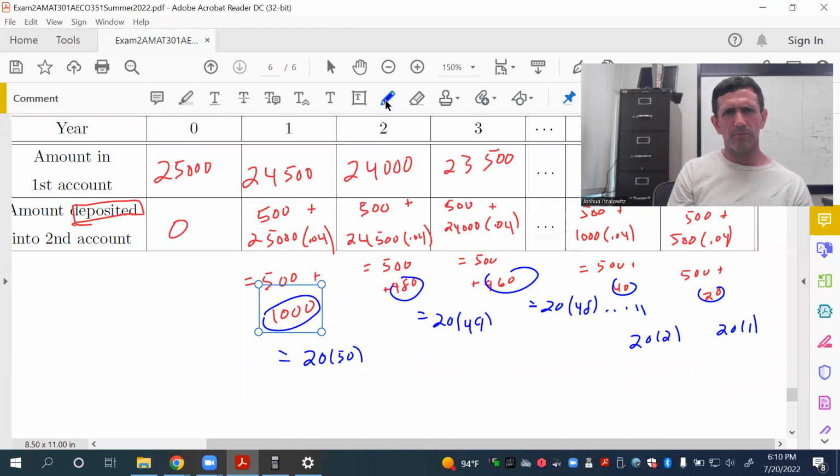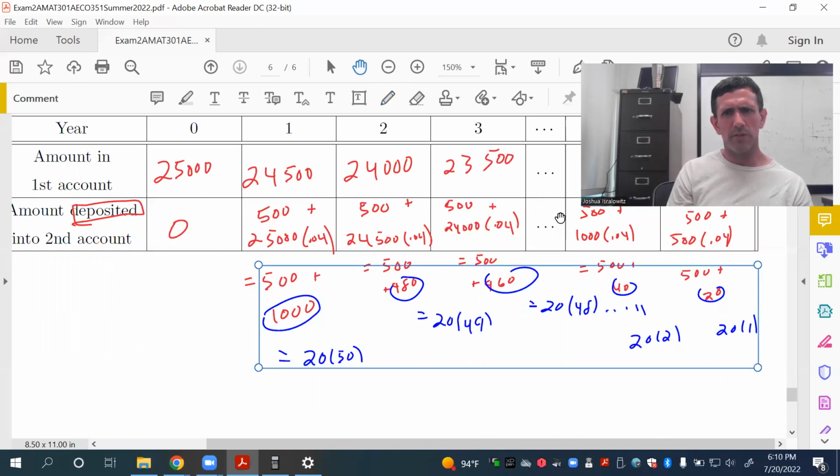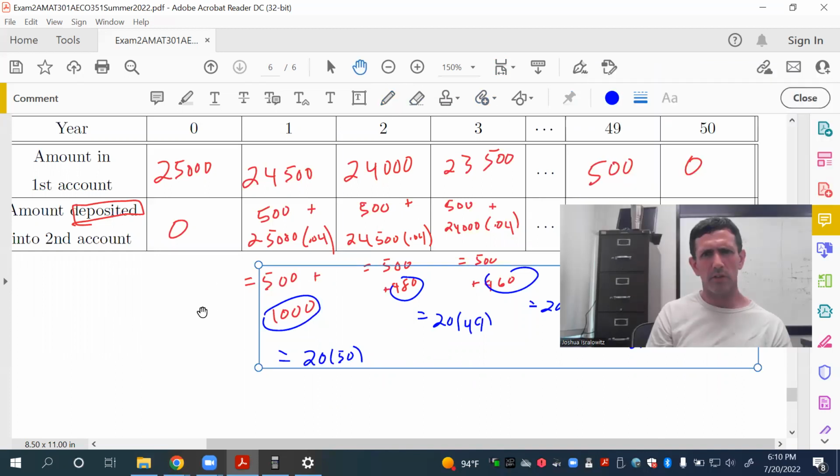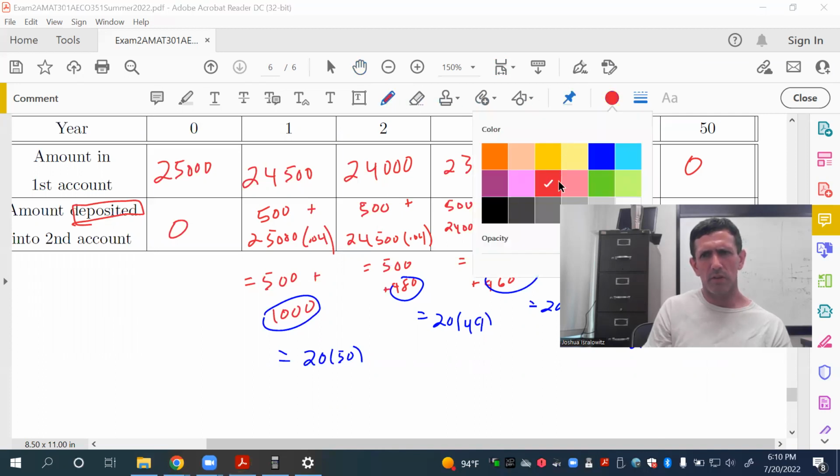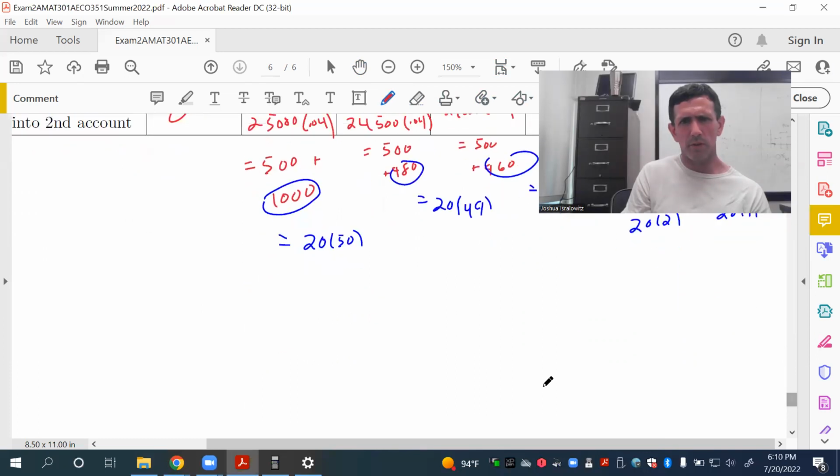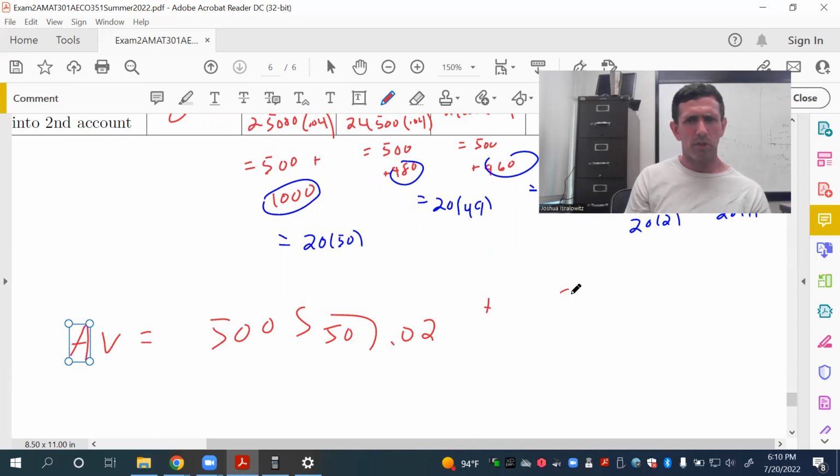So we have our constant annuity of 500. We want the accumulated value. So 500 S 50 at the second account's 2%, so 0.02, plus 20 DS 50 at 0.02. A 50-year decreasing annuity.